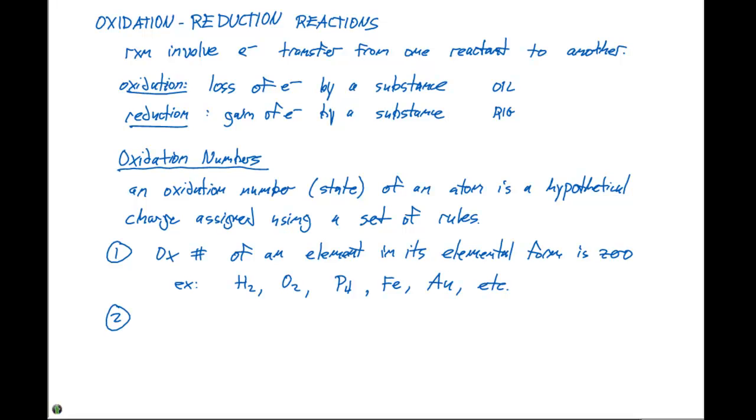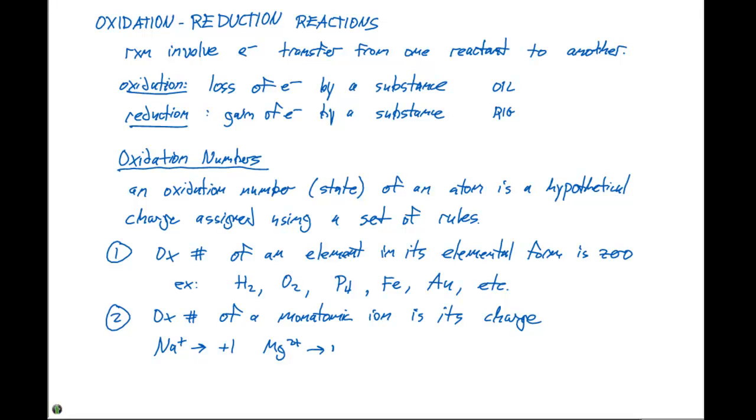Rule number 2. The oxidation number of a monatomic ion is its charge. So, for example, Na+ is going to have an oxidation number of +1. Mg2+ has an oxidation number of +2.